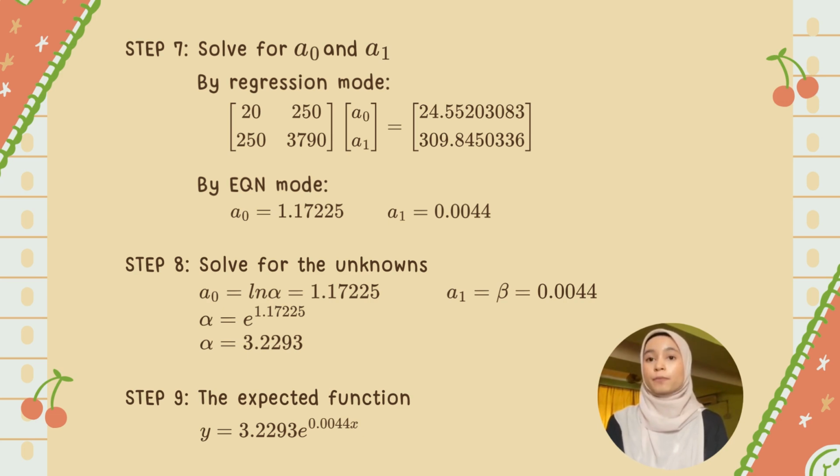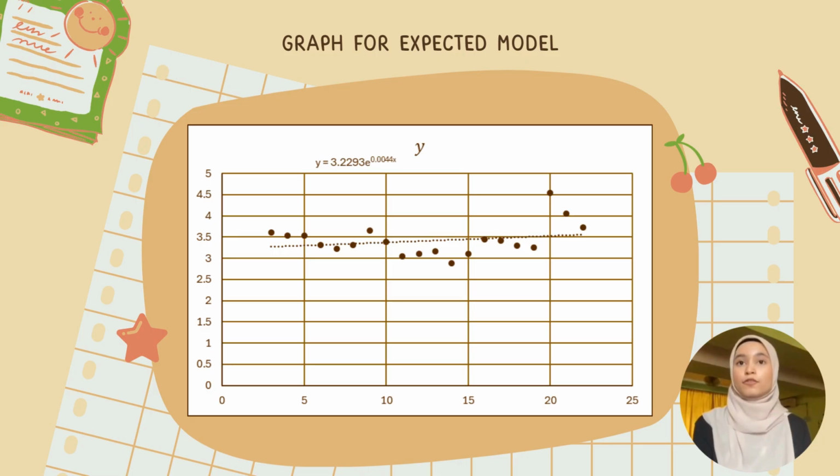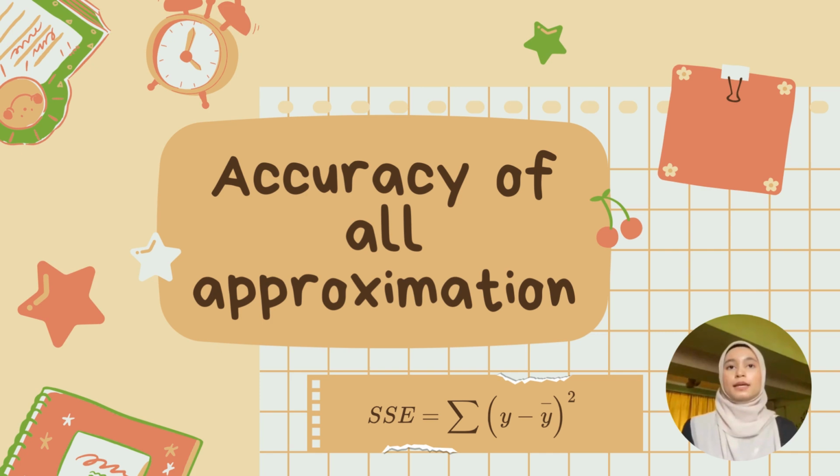We got the function is y equal to 3.2293 exponent 0.0044x. So here is the graph for the expected model, which is y equal to 3.2293 exponent 0.0044x.